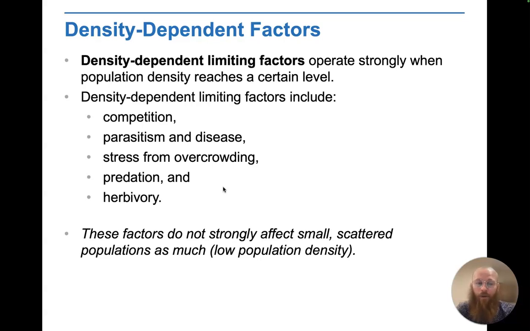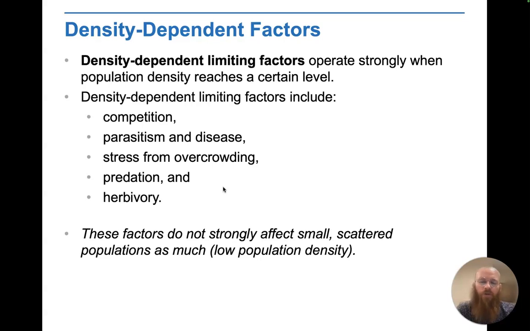Some examples that we're going to go into more detail for today will include competition, parasitism and disease, stress that can result from overcrowding, predation, which looks into the relationships between predator and prey, or the hunters and the hunted, and herbivory.